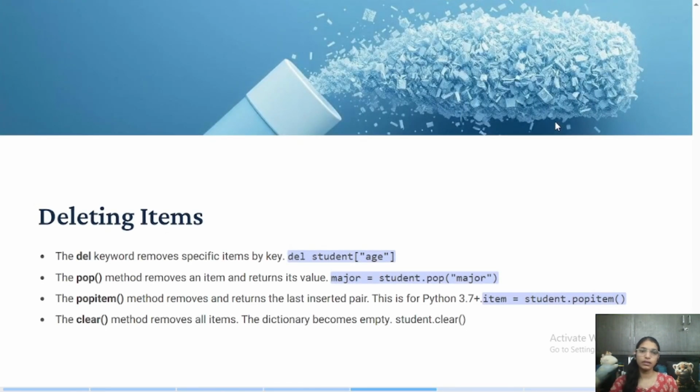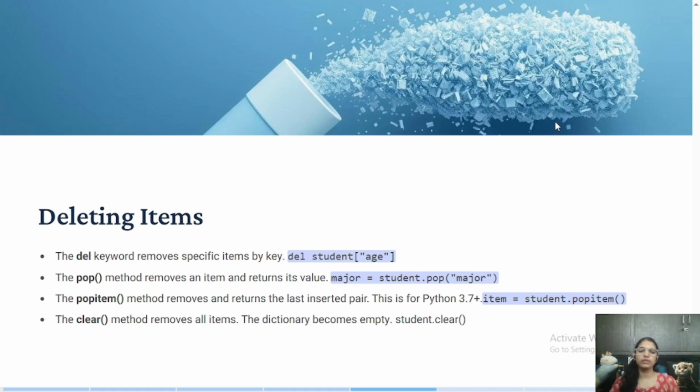And if you are going to add and change something, you can also delete items, right? The del keyword removes specific items by key, for example, del, the dictionary name, and the key name, which removes the specific key and value pair from it. And there are different methods in this, such as pop, popitem, and clear.